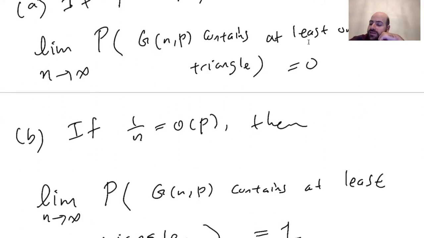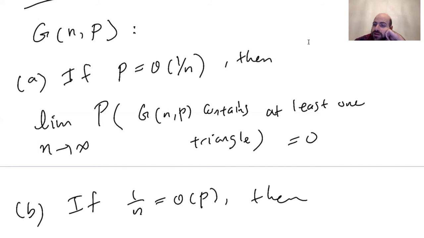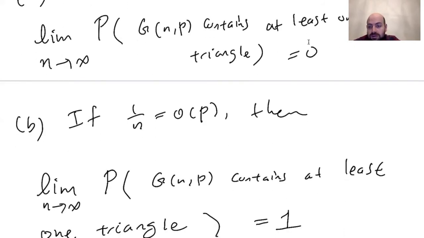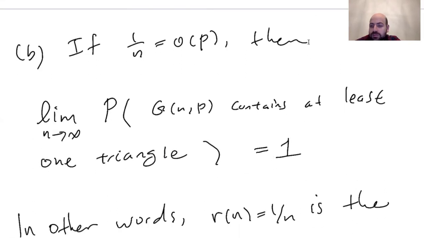The second part says if 1 over n is much smaller than p, then almost surely G of n and p contains at least one triangle. Again, almost surely because it happens with probability 1 as n goes to infinity.